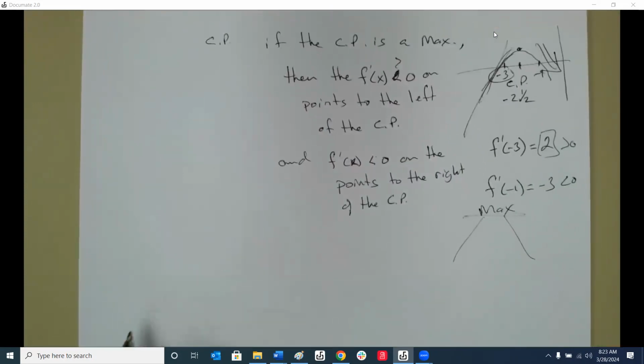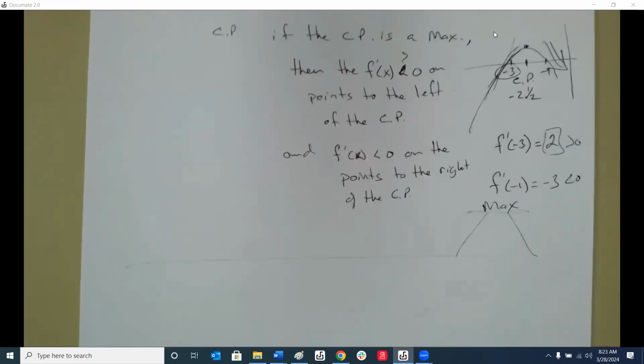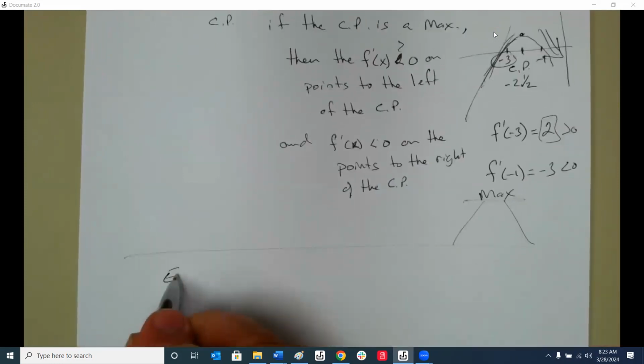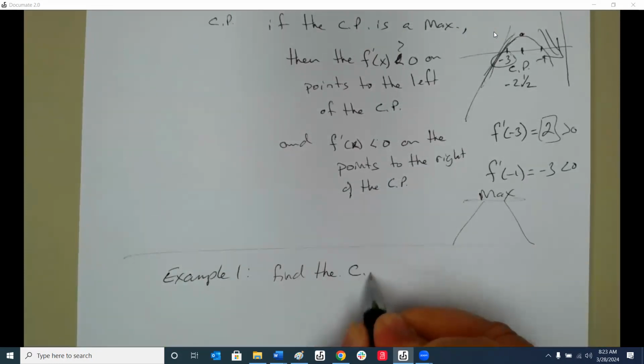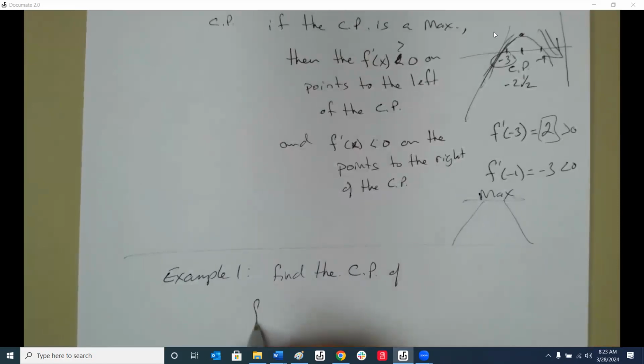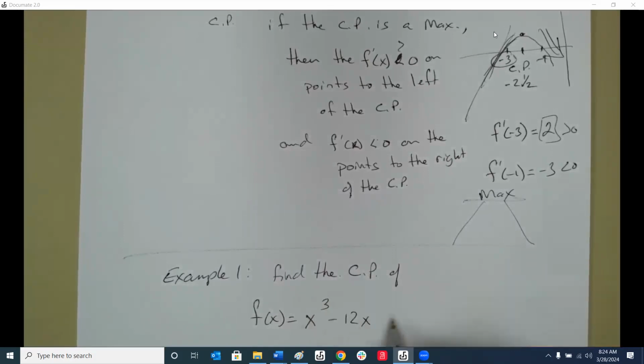So now let's go back to example 1. Find the CP of f of x equals x cubed minus 12x minus 5.